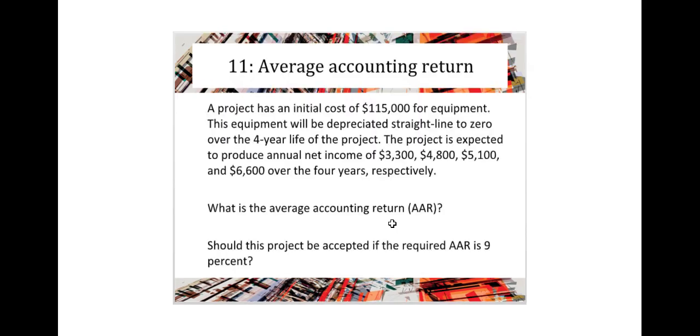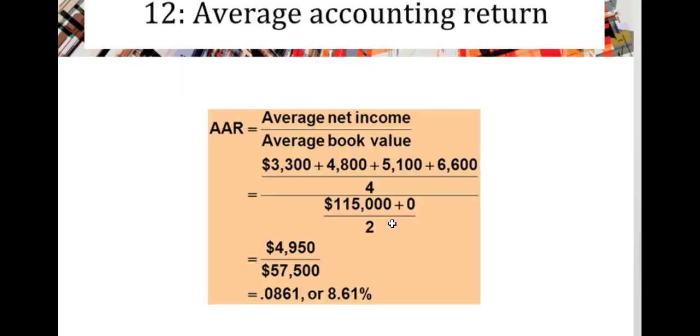Another method which is also used to evaluate various proposals is average accounting return. The average accounting return is equal to the average net income divided by the average book value. So what is the beginning book value of the asset, and what is the book value of the asset at the end of the 4 years?